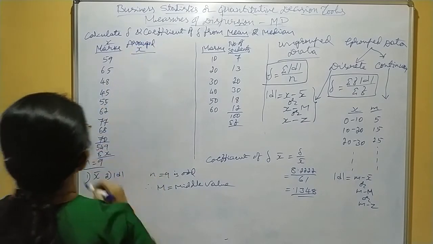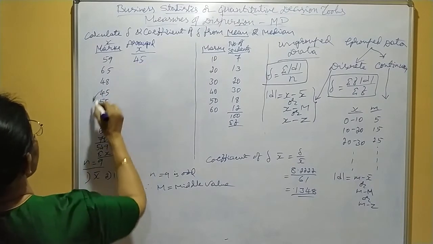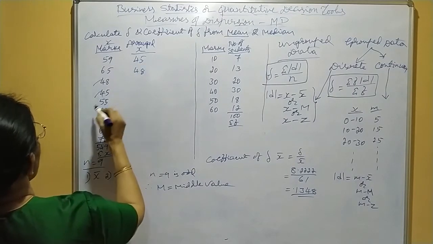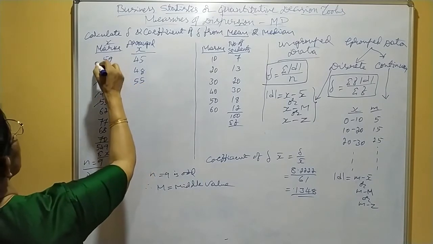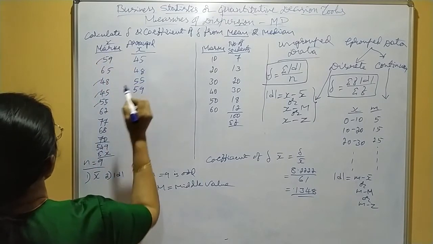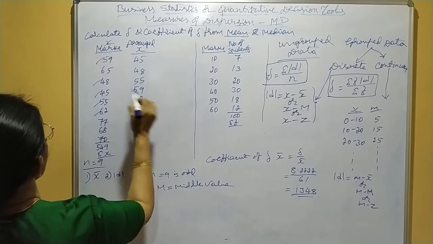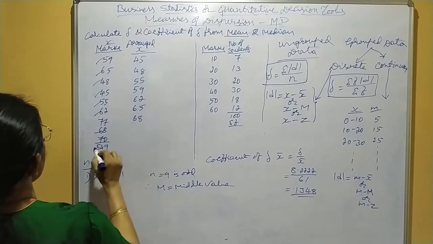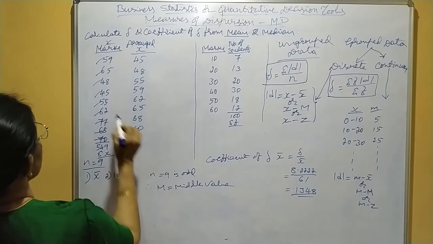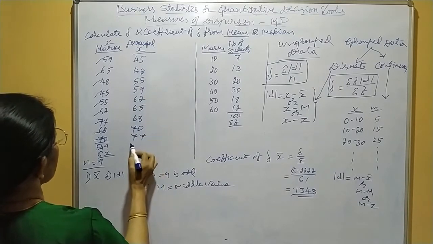That means take arranged x, ascending order means we have to take from the lowest, 45, 48, 55, 59, next highest 62, 65, 68, 70, 77. 1, 2, 3, 4, 5, 6, 7, 8, 9.